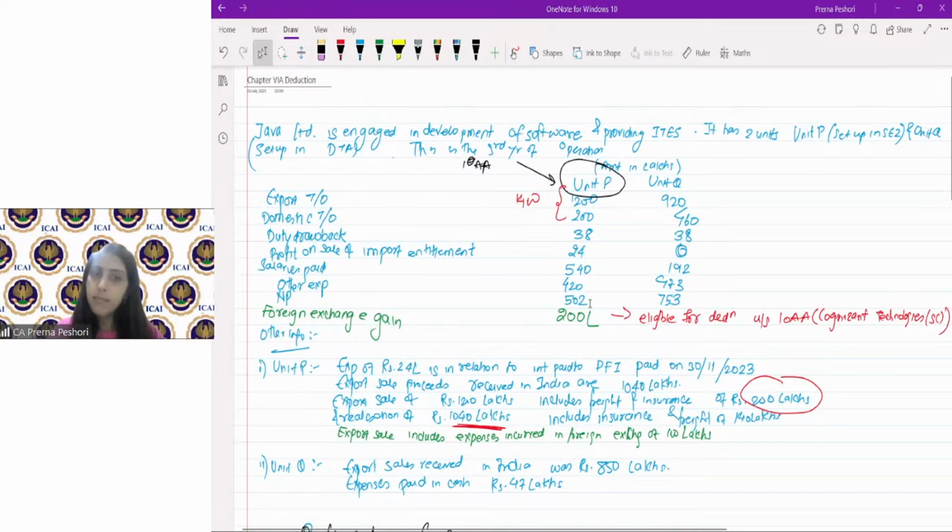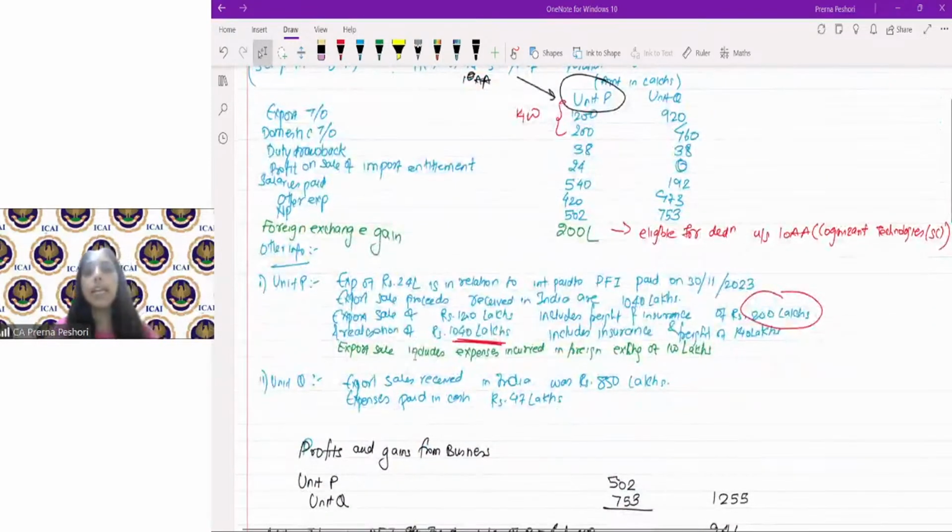Okay, fine. What about the export sale includes the expenses incurred in foreign exchange of rupees 100 lakhs. What will happen in that situation?